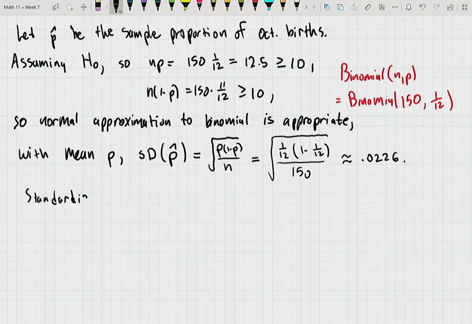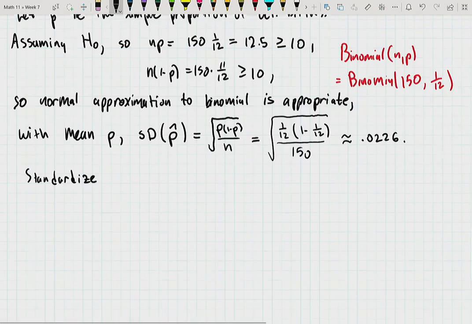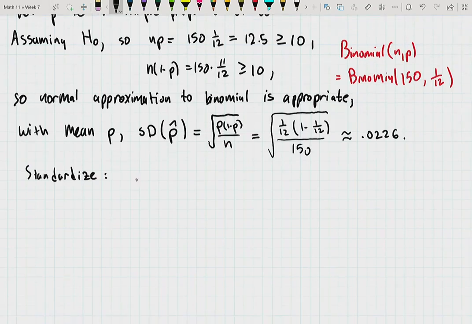I will standardize by using the letter z. So I'll let z equal p hat minus p over the standard deviation of p hat. So z is approximately a standard normal.